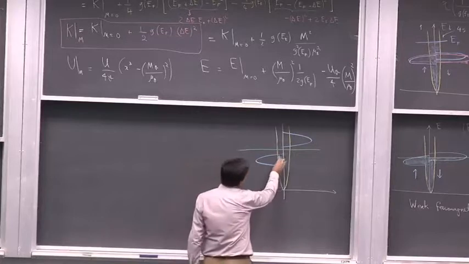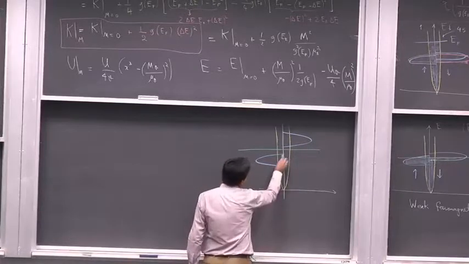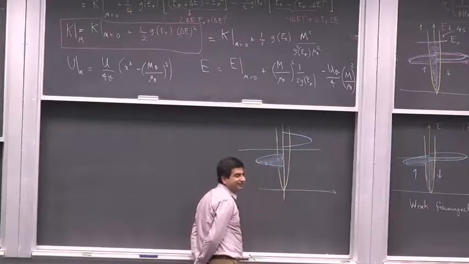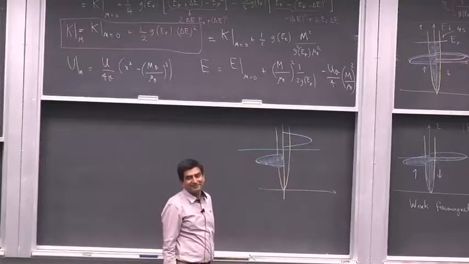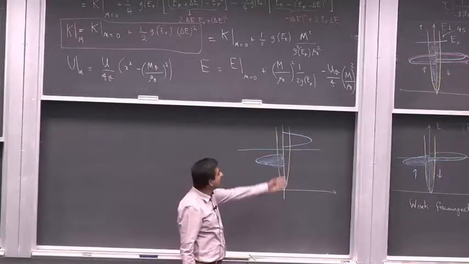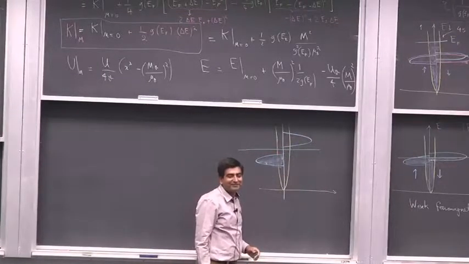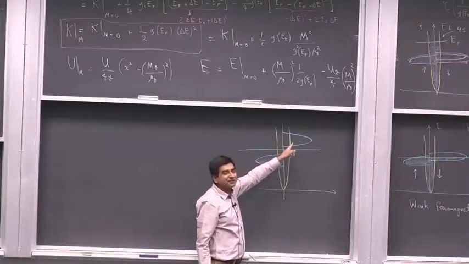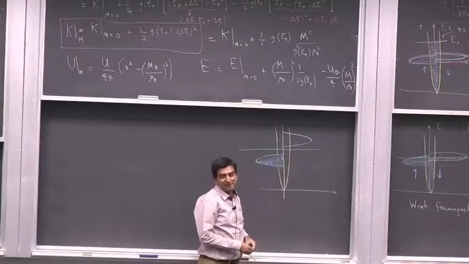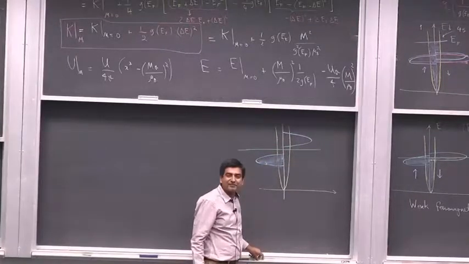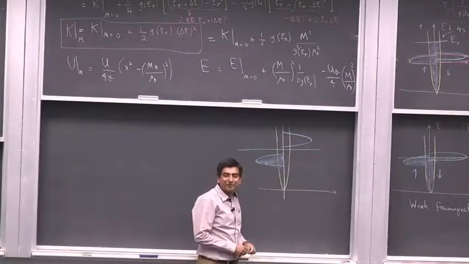Now this band is completely filled, which means the 5 electrons go here. This band is completely unfilled. When this band is completely unfilled, it's going to have an integer number of holes in here. It's going to give you an integer number of Bohr magnetons as the magnetization per formula unit.